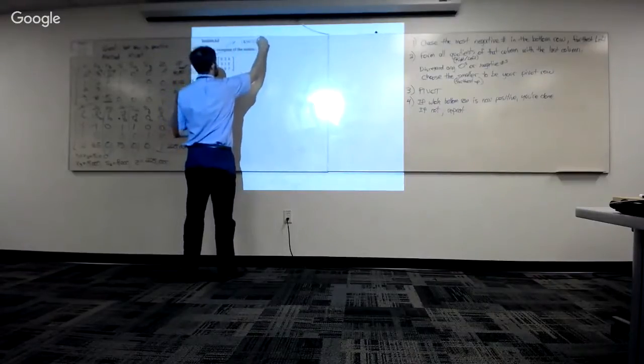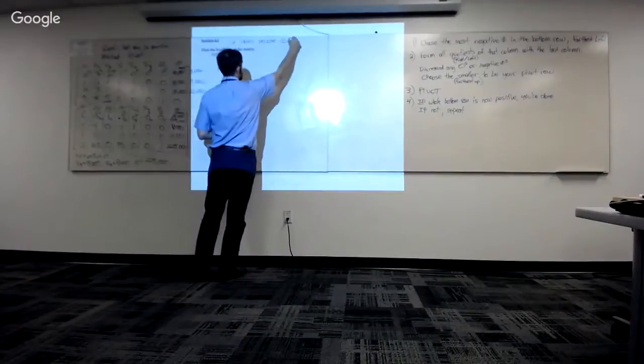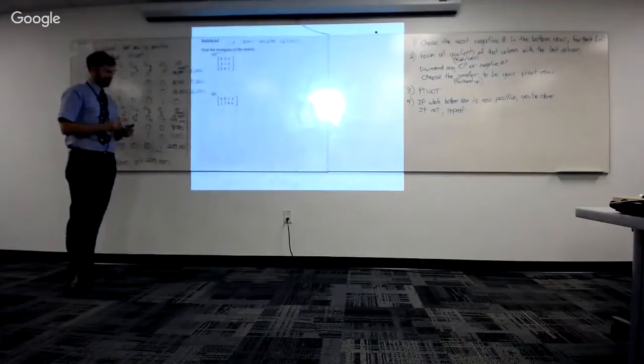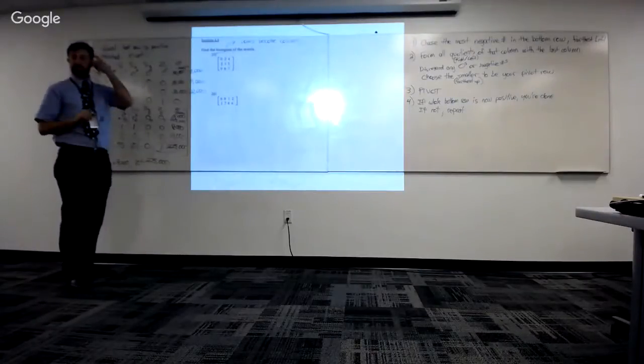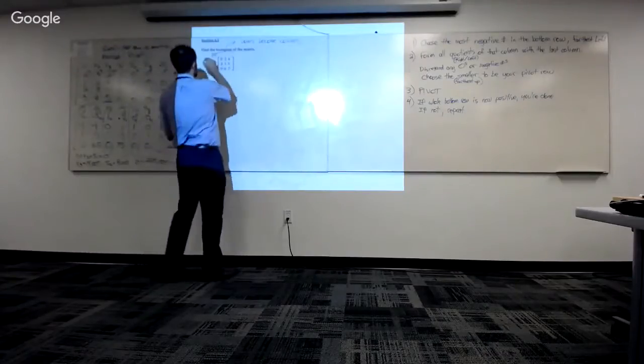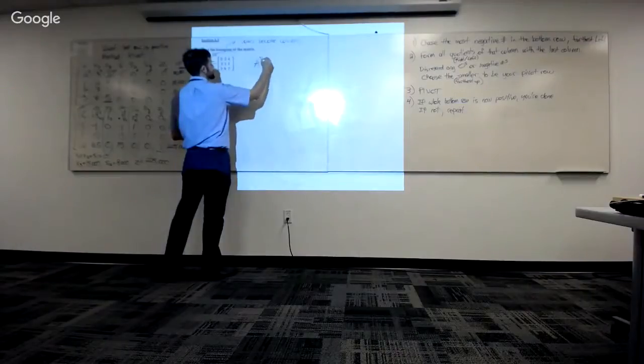Rows become columns. So we're basically going to turn the matrix 90 degrees such that each row becomes a column. Let's call this matrix A. Now let's write down A transpose.